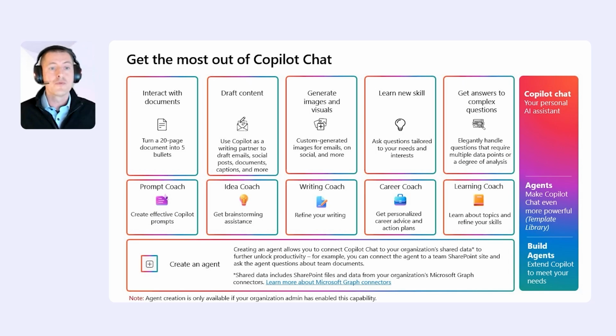And you can also refine and collaborate on the prompts on your interactions together with Copilot. So in essence, you can easily draft content. You can create amazing emails, social posts, documents, whatever the case might be. You can create visuals. You can learn a new skill.